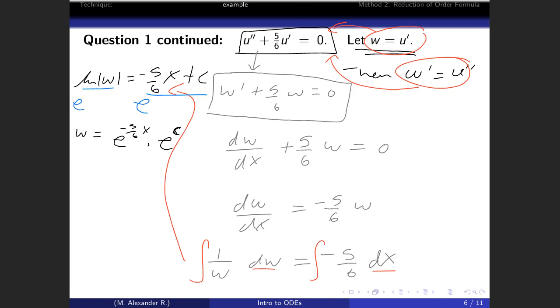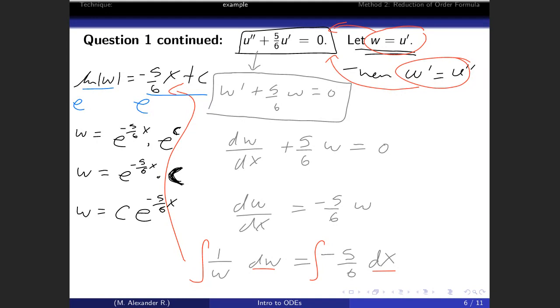Now a quick reminder: c is a number that we don't know, and e raised to a number that we don't know is still a number that we don't know. So we technically just write down c again. e raised to the c, we are just going to rewrite as c. And so finally, we are going to rewrite this as c e raised to the negative 5/6 x.